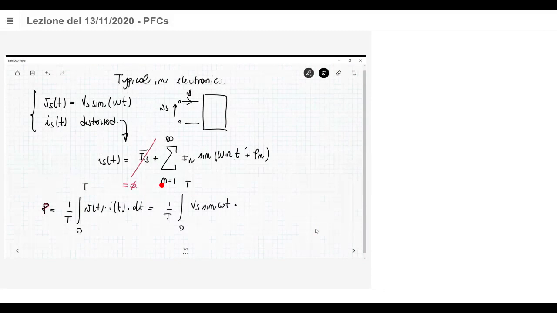The only component in this Fourier expansion of the current that has the same frequency as the voltage Vs is the fundamental component, when n is equal to 1, so I1 sine of omega t plus phi1.